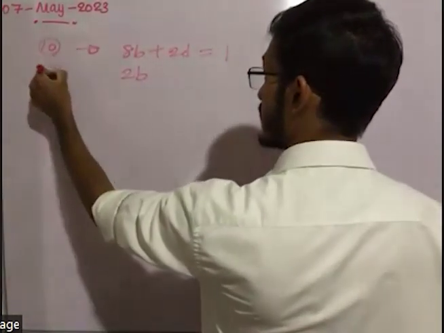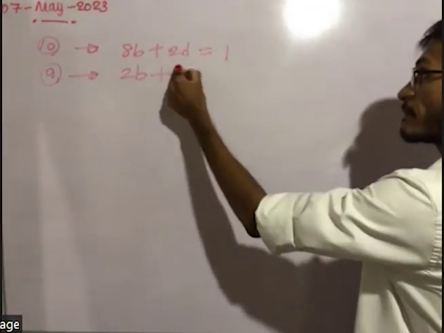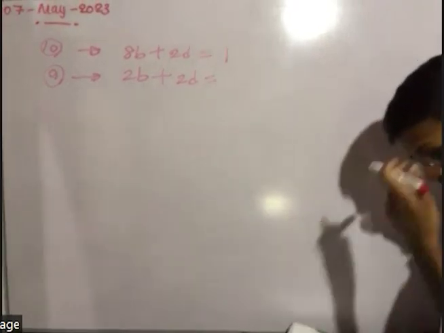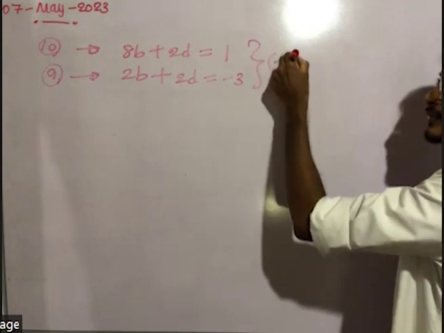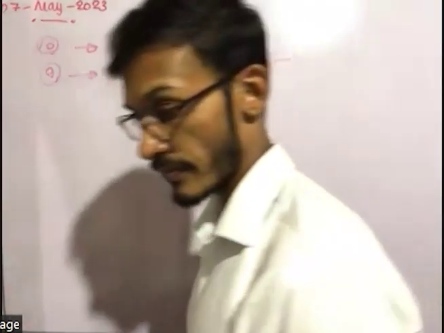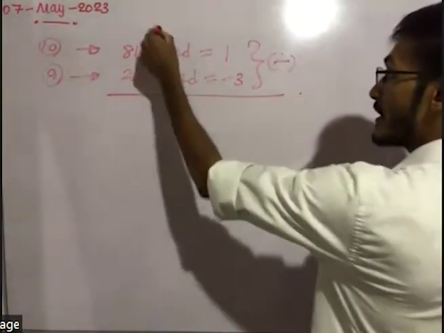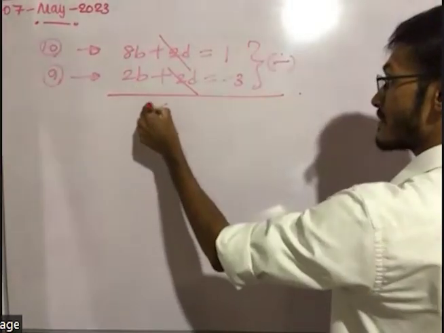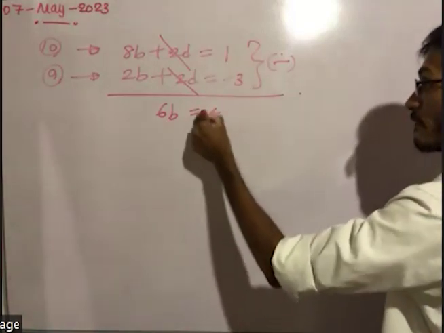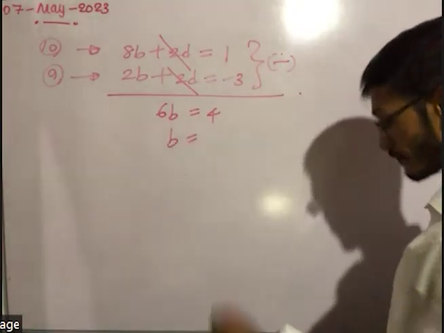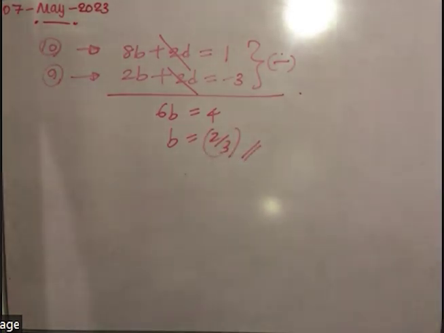From number 9, we can write down 2b plus 2d equal to minus 3. So you can subtract these two. 2d and 2d will cancel. 8b minus 2b, that means 6b, is equal to 1 minus 3, which is minus 2 in magnitude 4 over 3 work out to b equal to 2 over 3. So b will become 2 over 3.